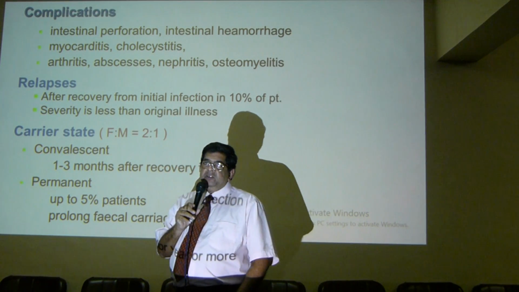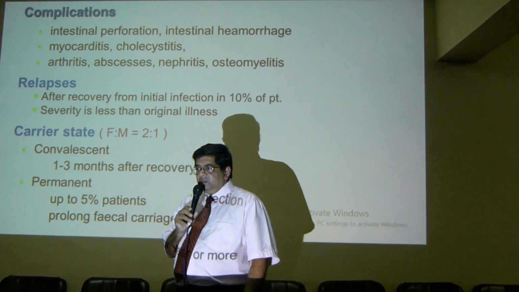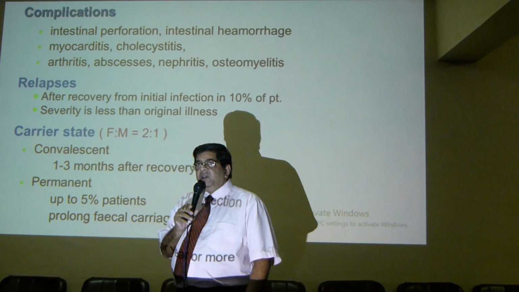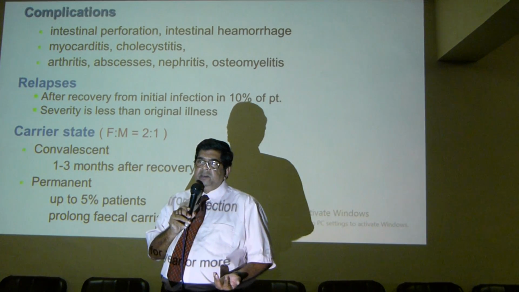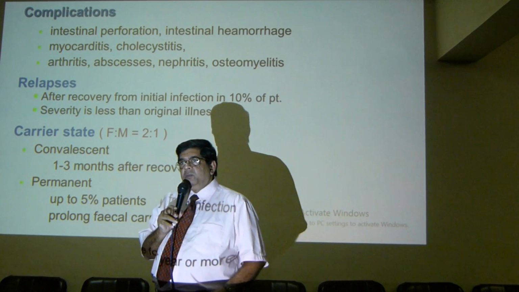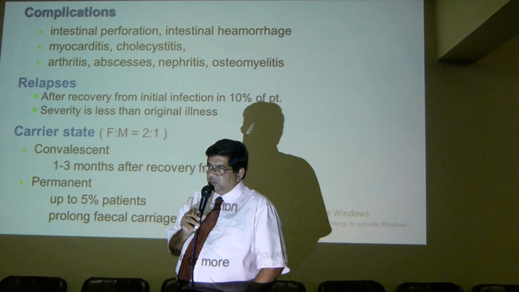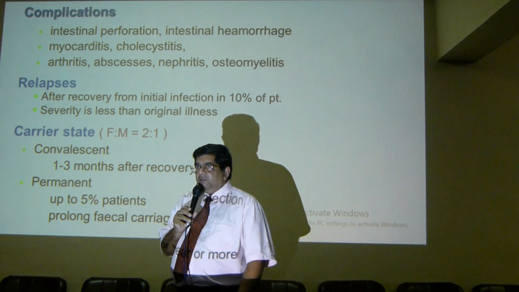Carriers, more females are carriers than males, and convalescent carriage, that is carrying the organism in the intestine, occurs for about 3 months following the infection, and that is called convalescent carriage.